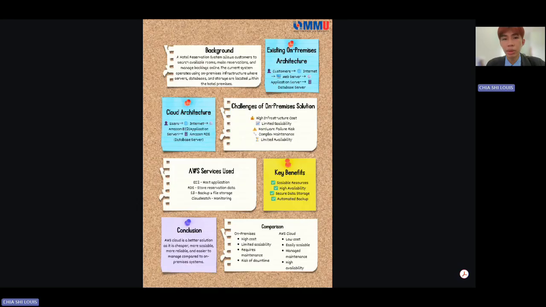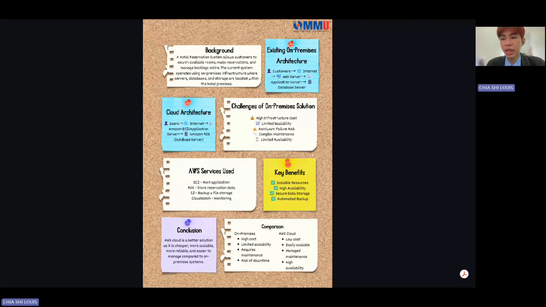When a user sends a request, it will be processed by Amazon EC2, which acts as the application server. The application server handles the business logic and system operations. The data generated by the user is then stored in Amazon RDS, which serves as the database server.